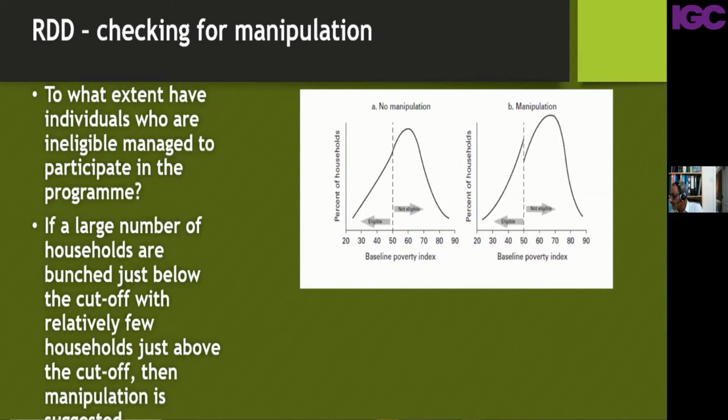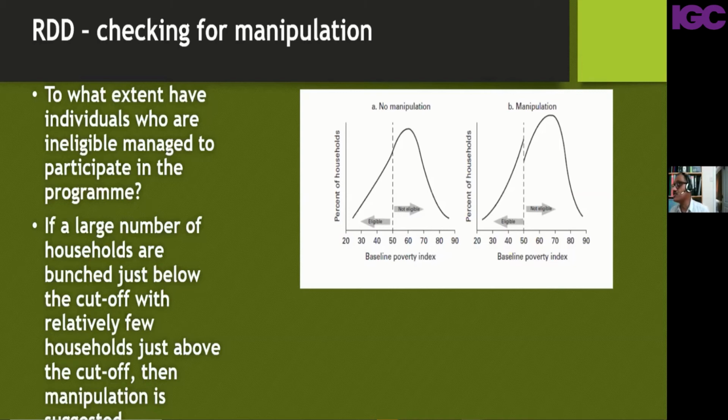So if you draw a distribution of the households or individuals, and you find a sharp discontinuity around the threshold point, then that indicates manipulation.